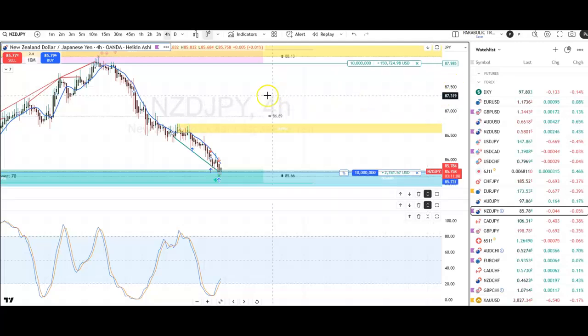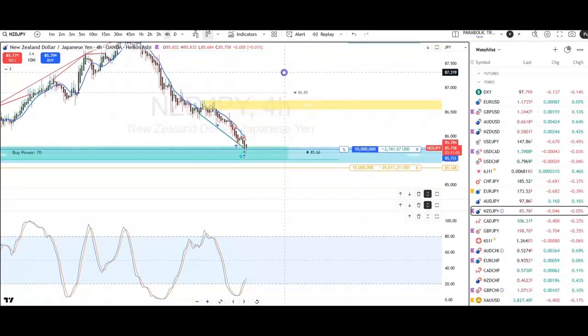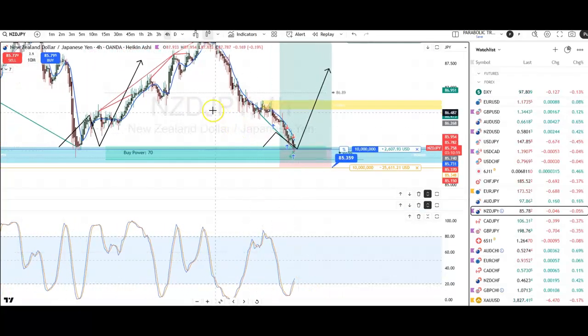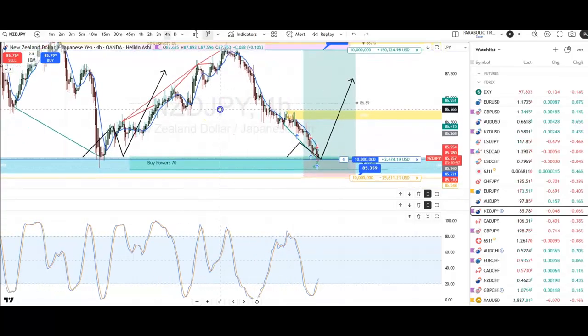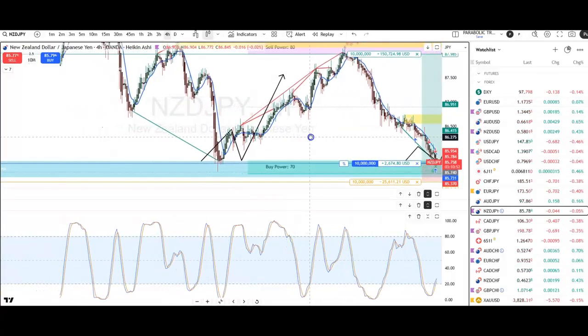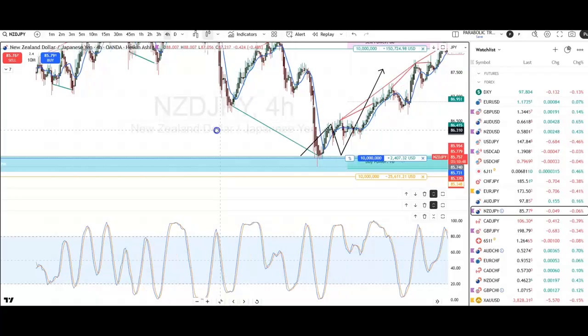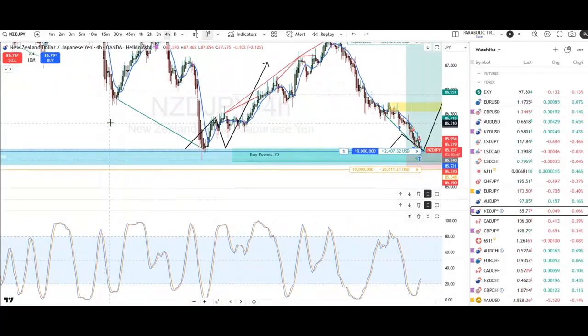So the New Zealand yen is hesitating. Let me explain a little bit more about the supply and demand in this instance. We have very strong demand, because the demand area has already been established from many months ago, so it becomes much stronger.